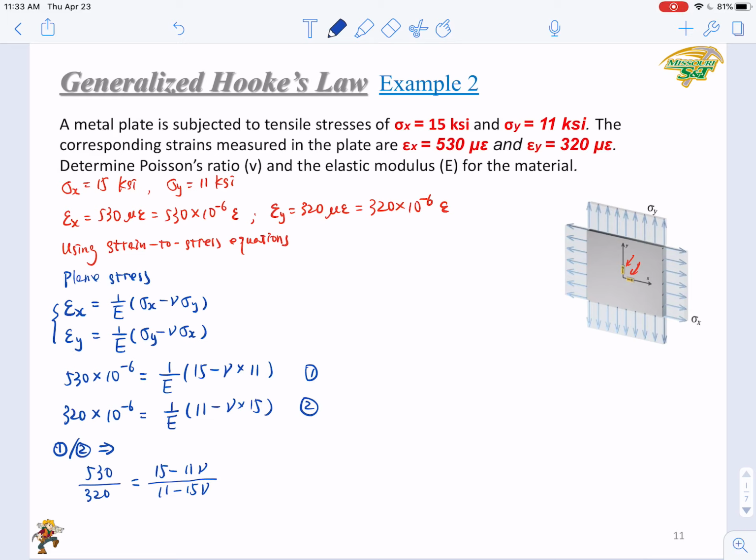Okay, so here you only have one equation, one unknown left. Based on this, you can derive that nu equals 0.2325.